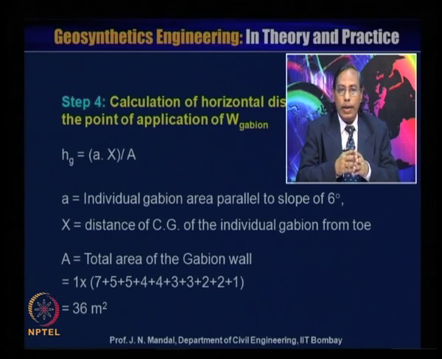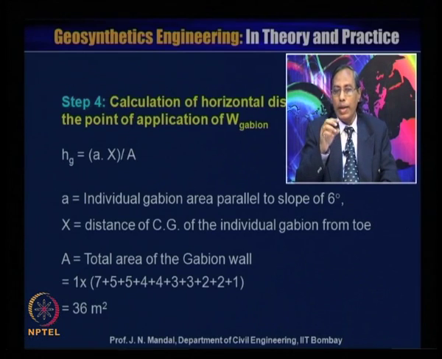So, here A total area means 1 into area, I say initially 7, then plus 5, then plus 4, plus 3, plus 3, plus 2, and plus 1. So, area will be equal to 36 meters square.